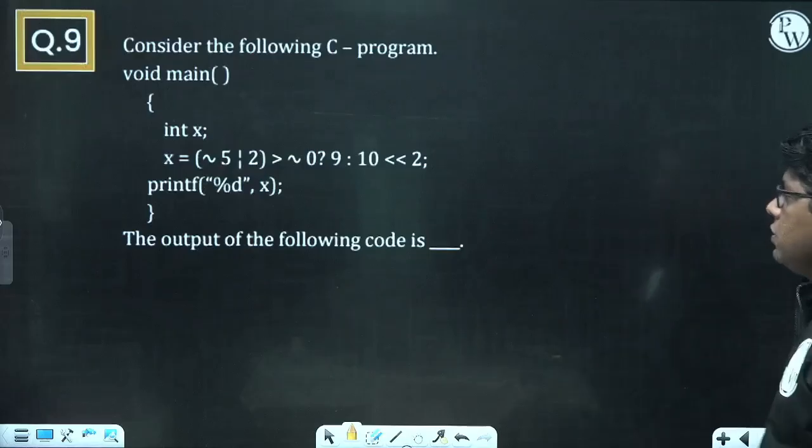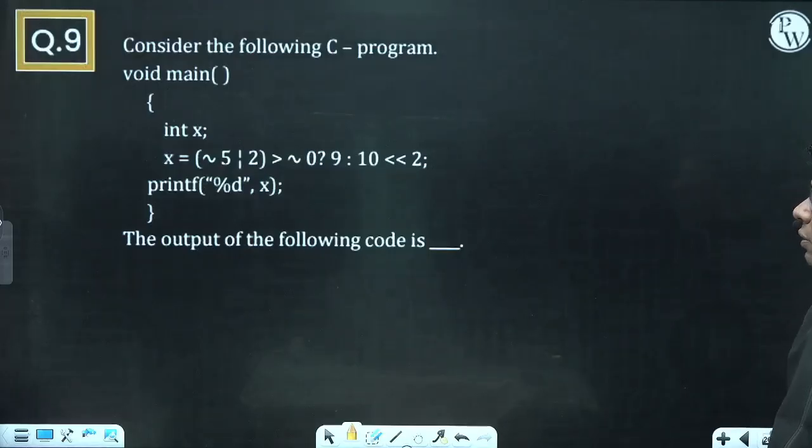Now let's solve this question. Now you know everything. Tell me the answer. Solve it with utmost care. Focus on all operators and what could be the possible result.